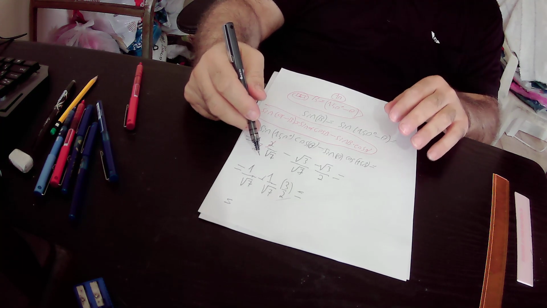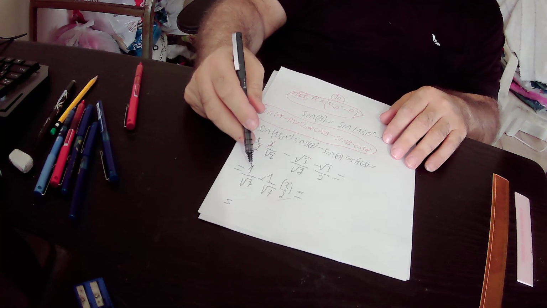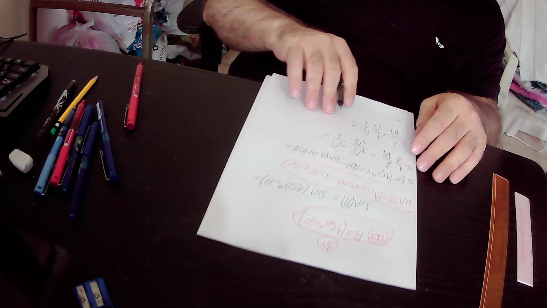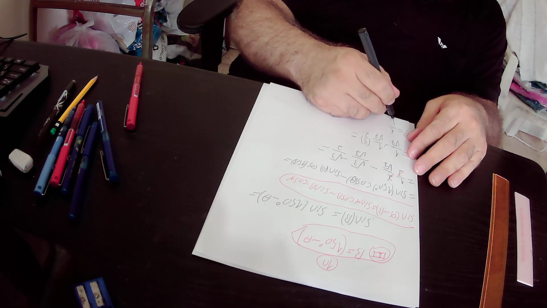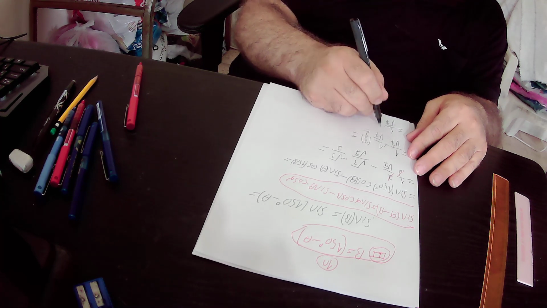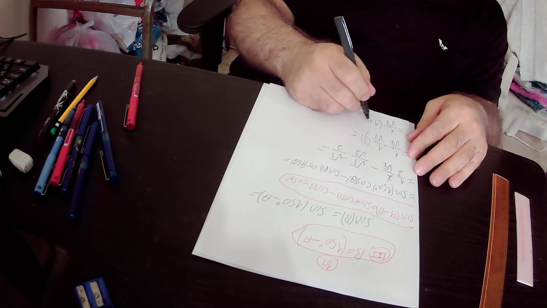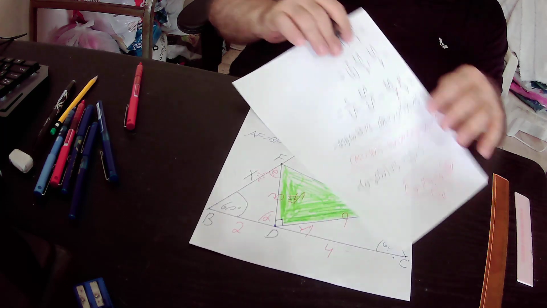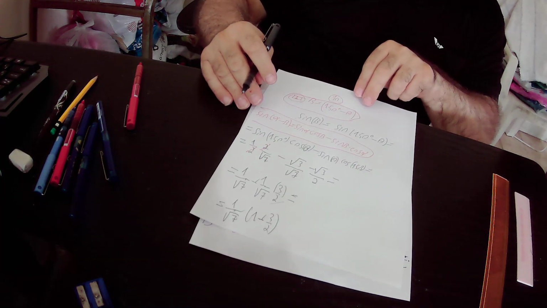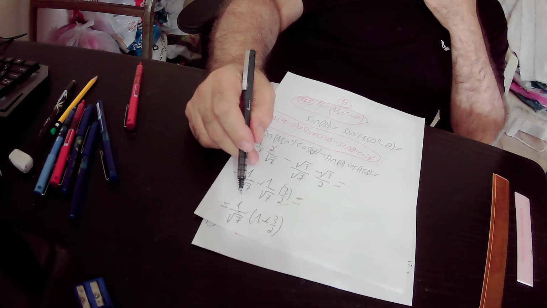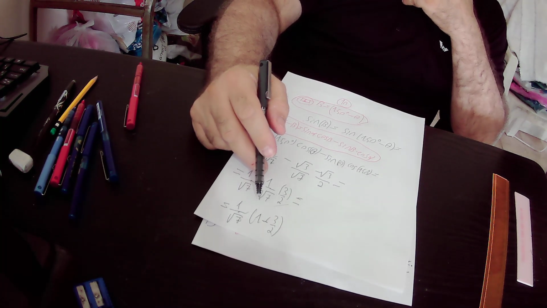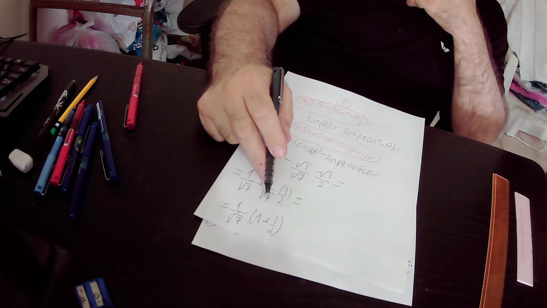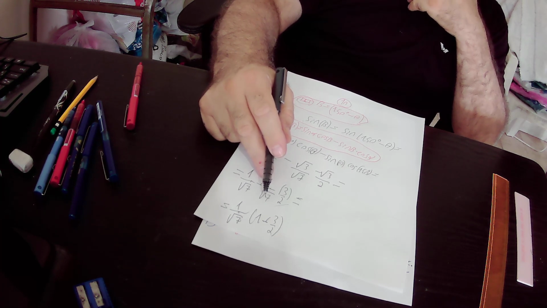So here we can take out 1 over root 7 as a common factor of this expression, and we will get 1 over root 7, and in the brackets we will have 1 plus 3 over 2. Okay, so we got 1 over root 7 times 1 plus 3 over 2. 1 plus 3 over 2 is 2.5, and 2.5 is 5 over 2.